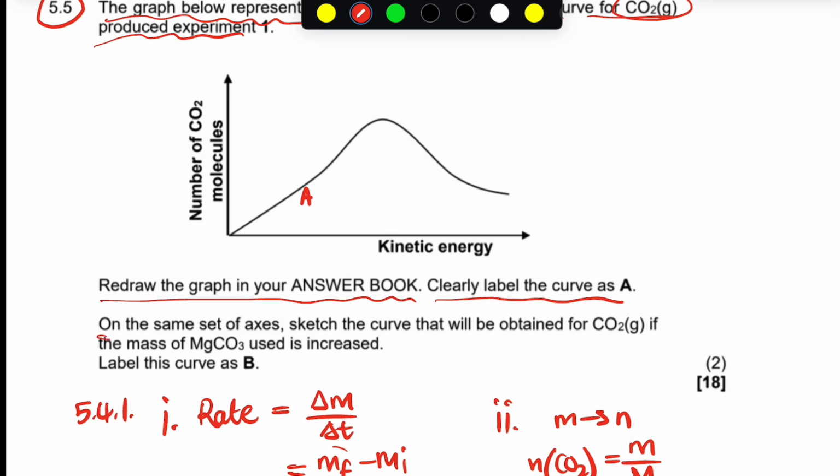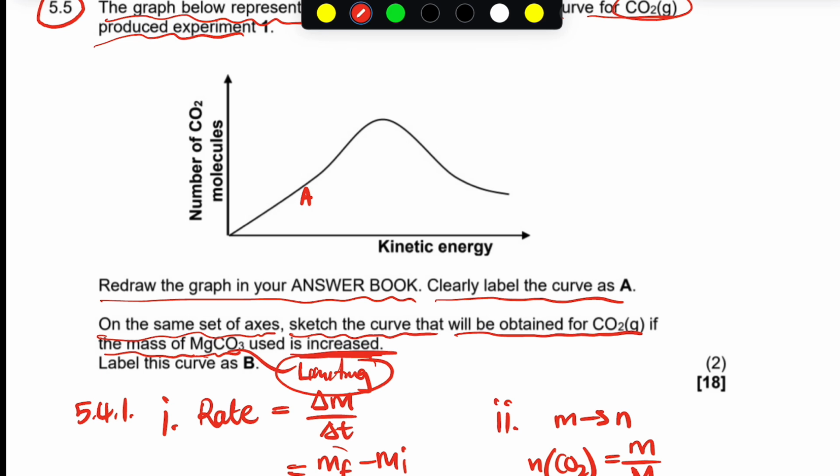Now they say on the same set of axes, sketch the curve that will be obtained for carbon dioxide if the mass of calcium carbonate increased. Remember, the calcium carbonate is the limiting reactant. So if the limiting reactant has been changed, the carbon dioxide formed will change, right? So it has increased from what it was.